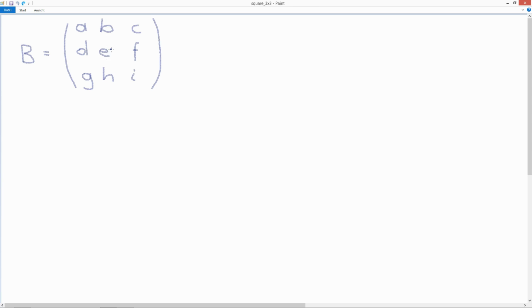We will now arrange this matrix in a particular way, like that.